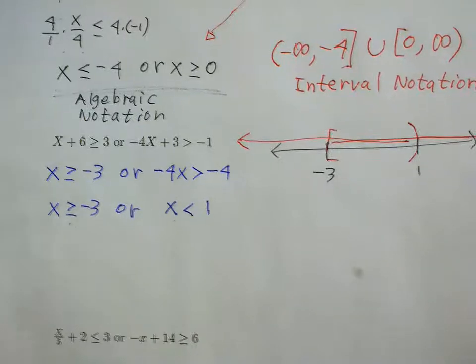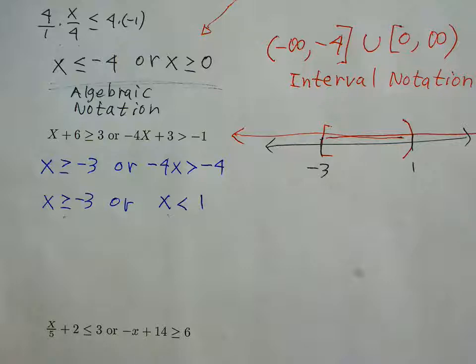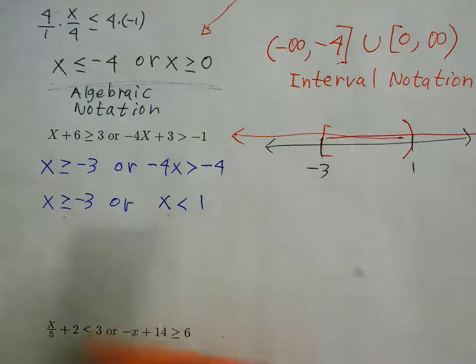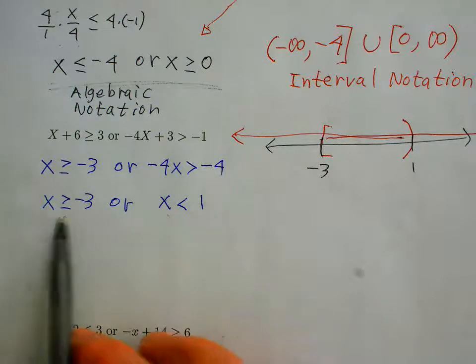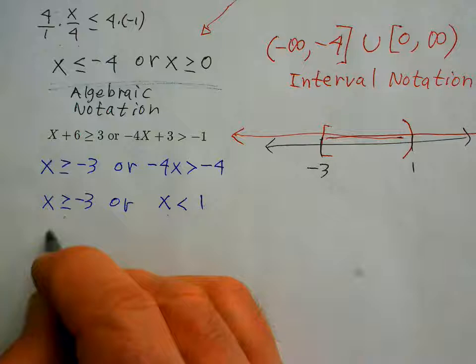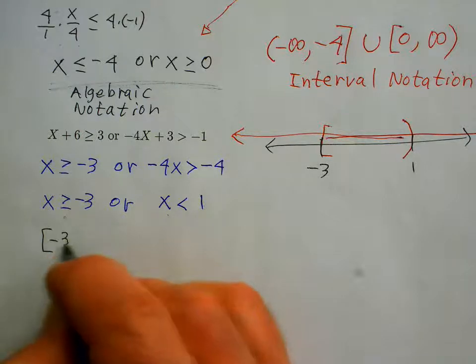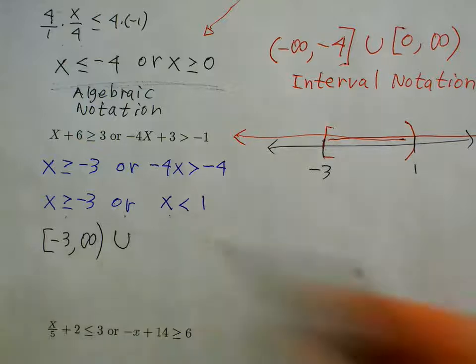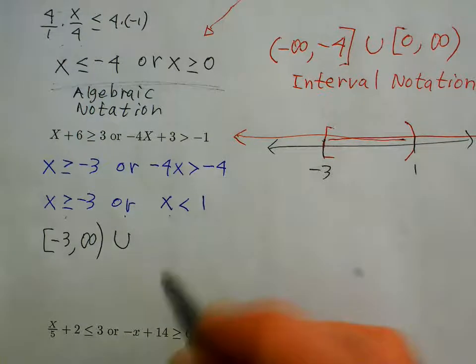Okay, so what's the union? We can convert this to interval notation. x greater than or equal to -3 is bracket -3, comma, infinity. The word or is used, so the union, or the combining of the two sets.